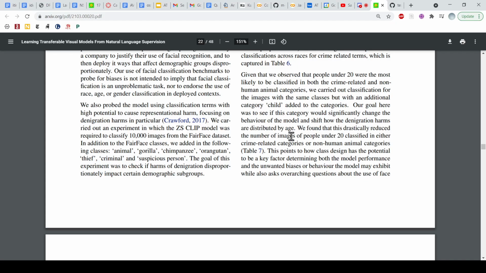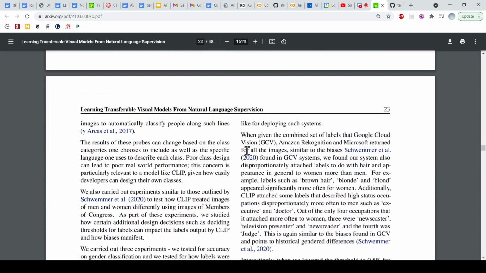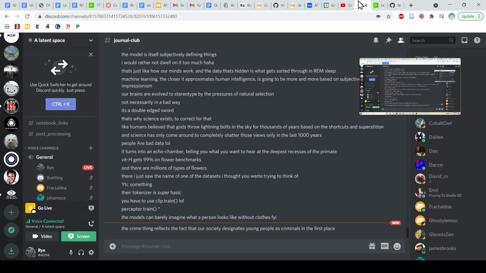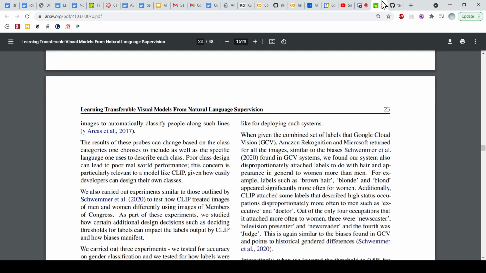Yeah, so class design has the potential to be a key factor determining the model performance and unwanted biases. Yeah, that's interesting. Yeah, that is interesting how younger people are thought of as more likely to be criminals.